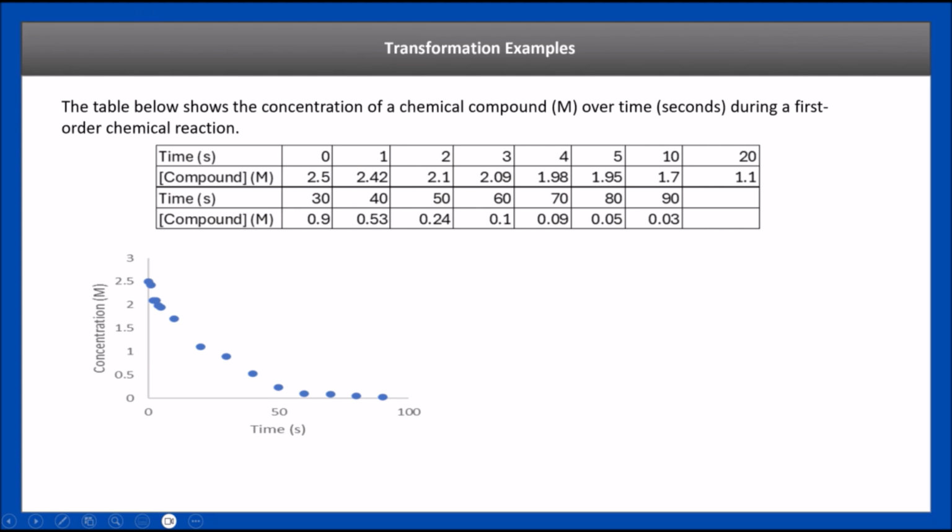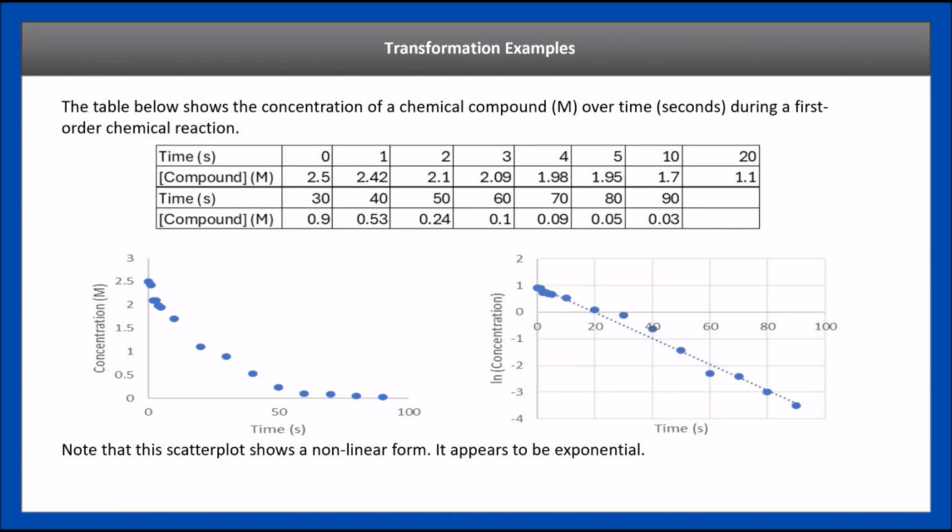So again, this is an exponential curve, a negative exponential, since it's decreasing. We can take this nonlinear or curvilinear form and do a logarithmic transformation, this time on the response variable, the concentration.